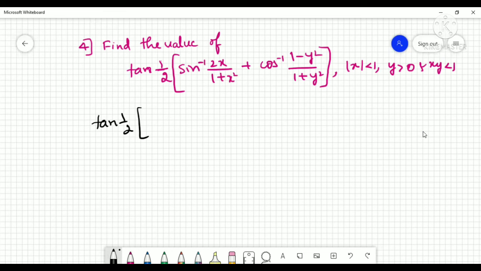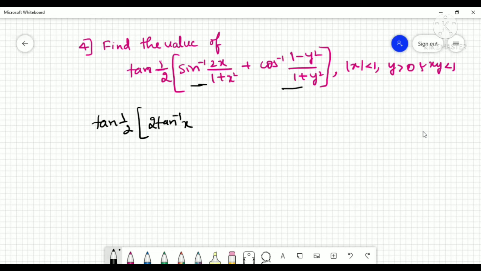Then sine inverse of 2x by 1 plus x square, what can we write? 2 tan inverse x. Because 2 tan inverse x has 3 formulas, in terms of sine, in terms of cos, in terms of tan. Here it is in terms of sine inverse.